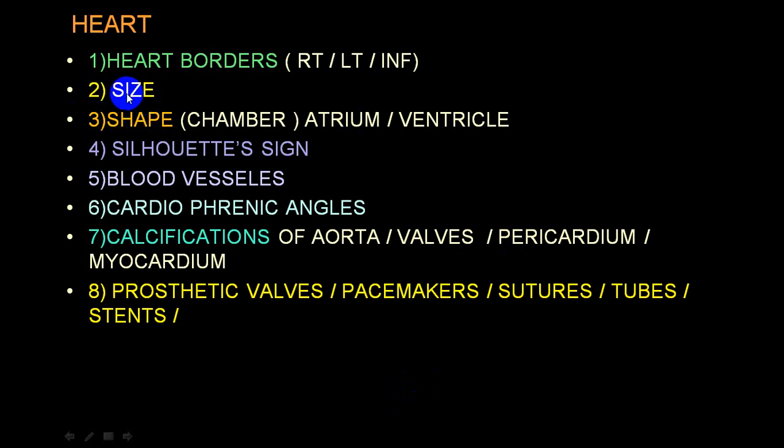Also, you will find difficulty in identifying some of the findings which you get in a PA view. So in a supine view, which we call AP view, or in any person who has had an AP view in an erect posture, do not comment on the size and shape of the heart. This is the preliminary thing you should remember.